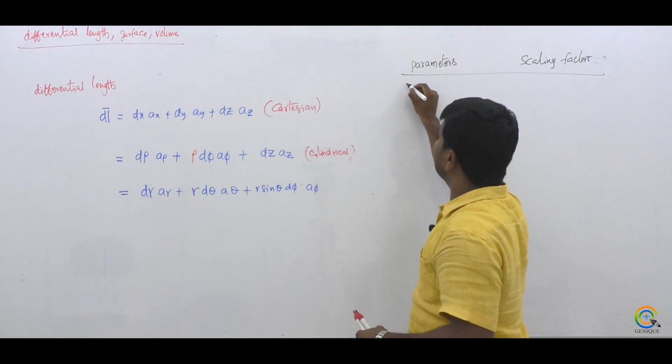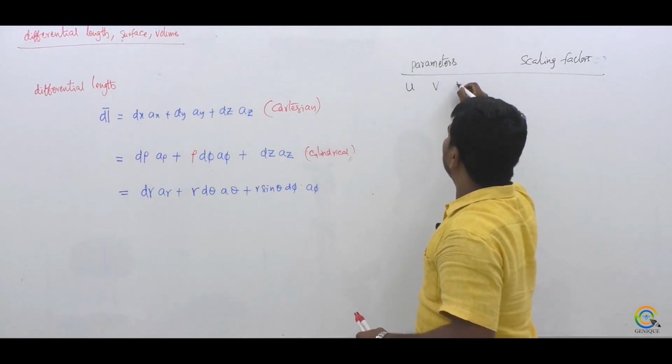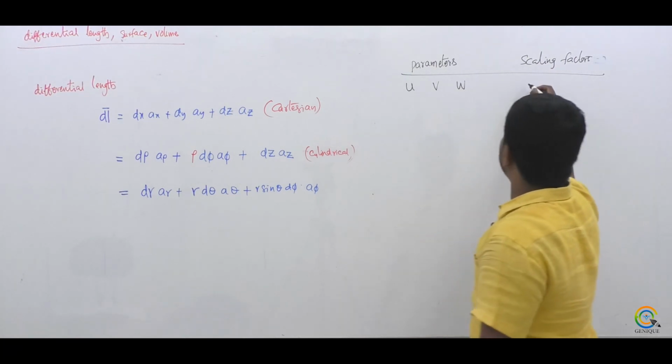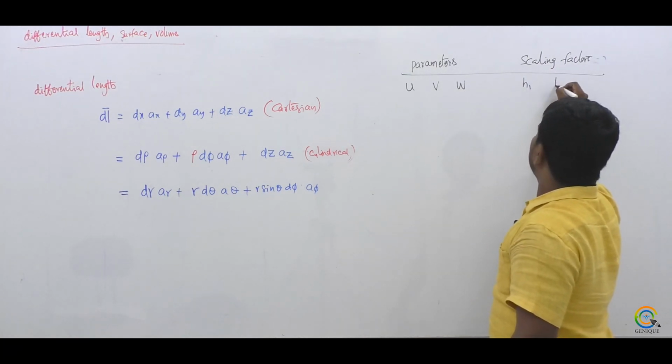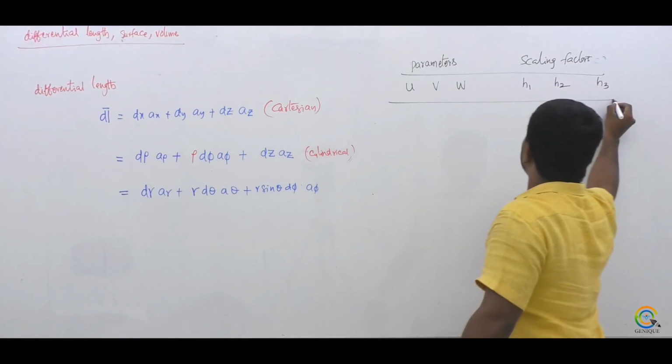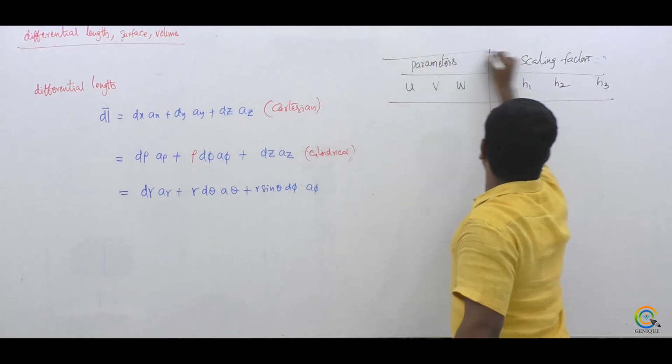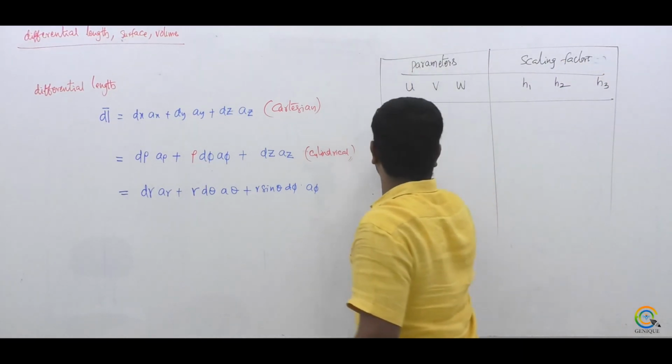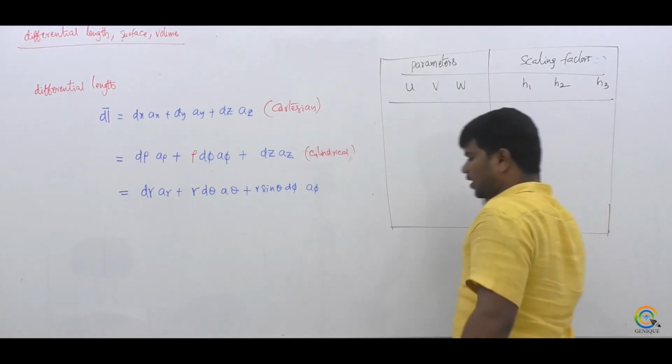Here the parameters are u, v, w. Here the scaling factors are h1, h2, h3. Okay, so these are the parameters and the scaling factors for each and every coordinate system. So you have to remember this forever.